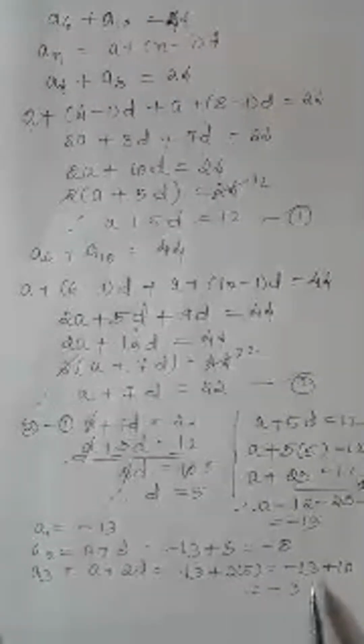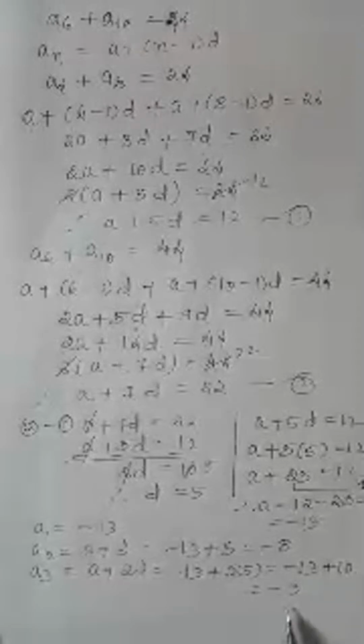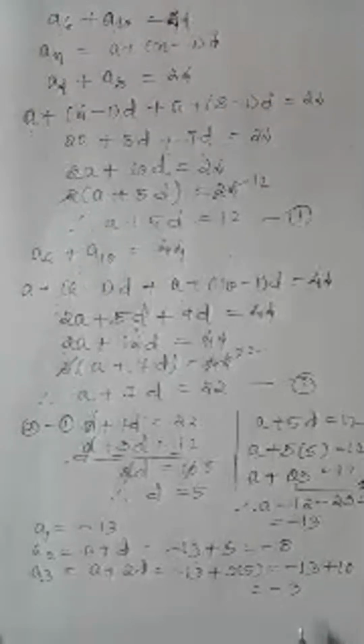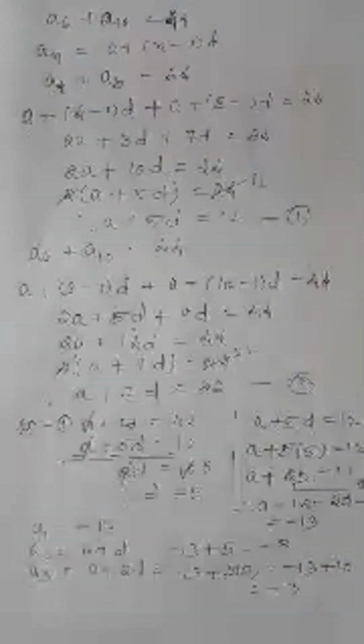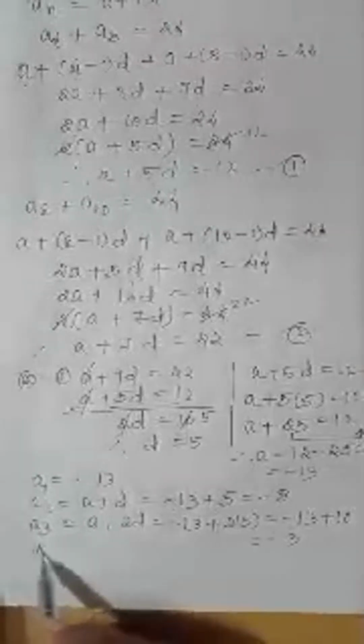So simplify. Bigger number's sign is minus. The difference between these two is minus 3. Therefore, the first three terms of the AP, arithmetic progression, are minus 13 first term, second is minus 8, and third term minus 3.